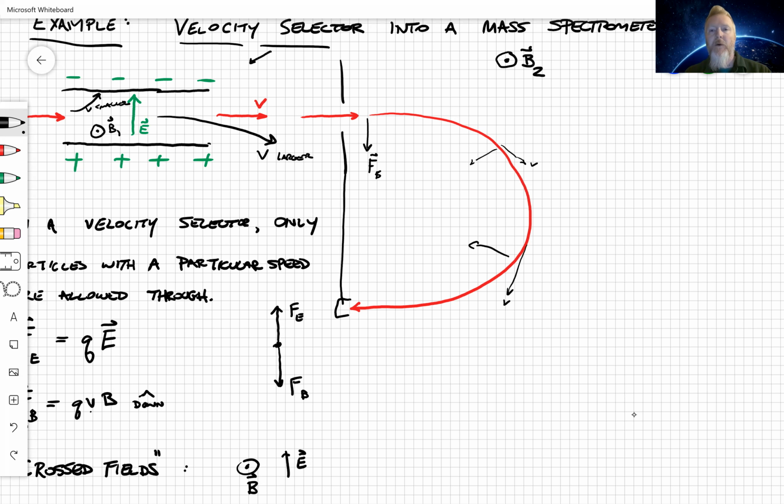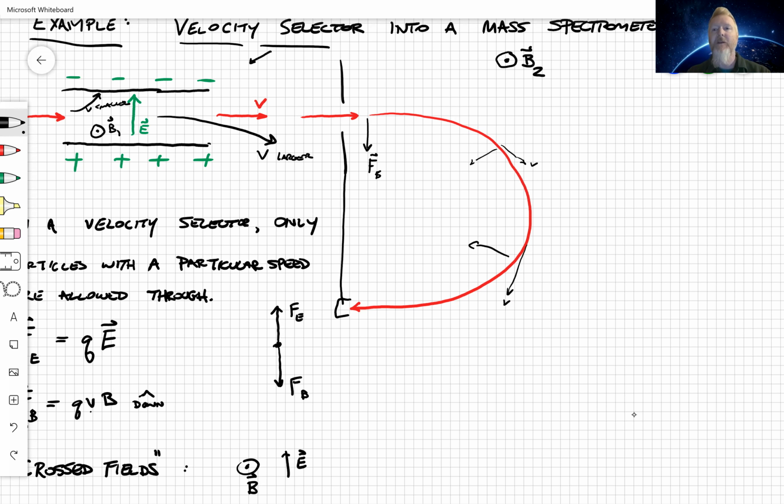Now, what'll happen if the ions are heavier than that? Well, they'll experience the same force, because they have the same charge. They came through the velocity selector, so they have the same v. As they turn around here, the force is going to be the same, but it's going to be like a big truck trying to make a turn at a speed versus a small motorcycle making a turn at a speed.